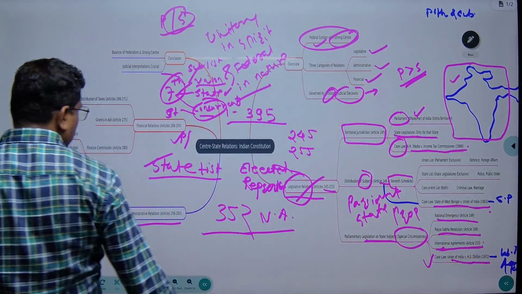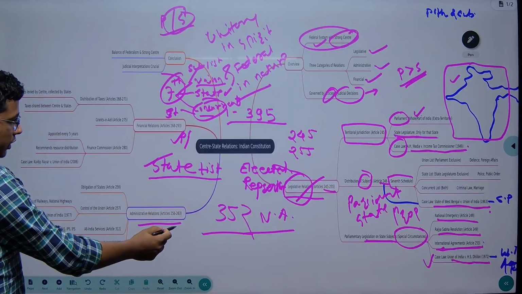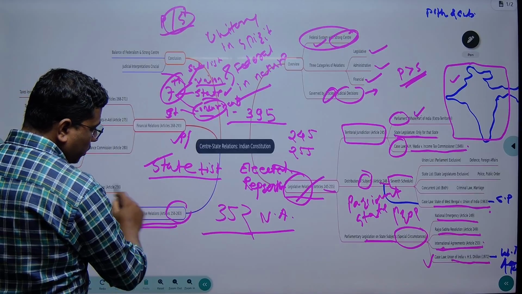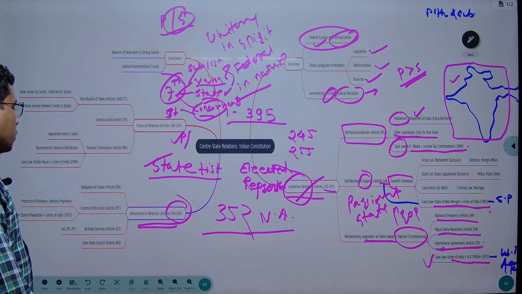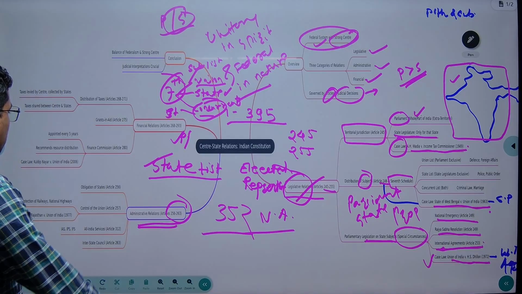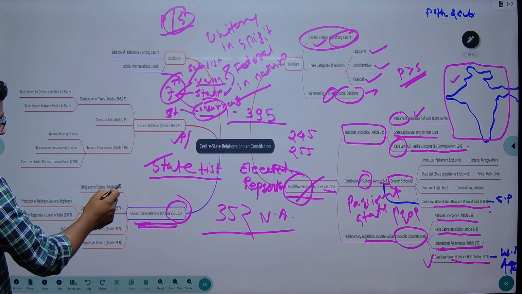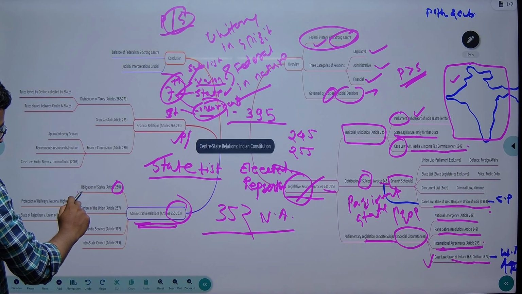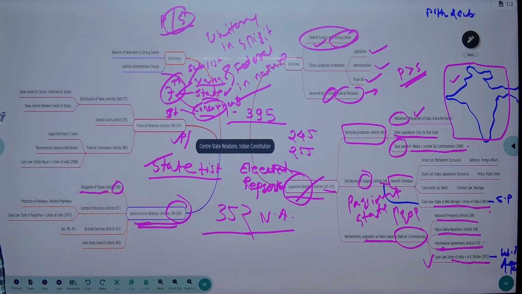After that we see the administrative relation. It is governed through Articles 256 to 263, right? So what is administrative relation? Under Article 256, the Constitution says the states have an obligation.